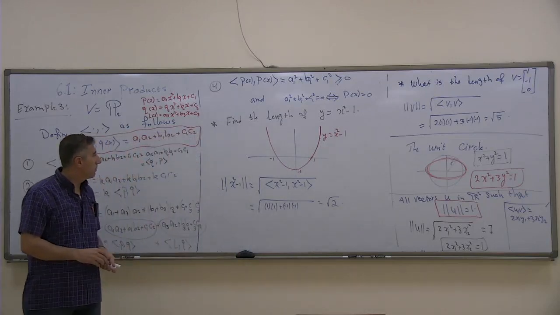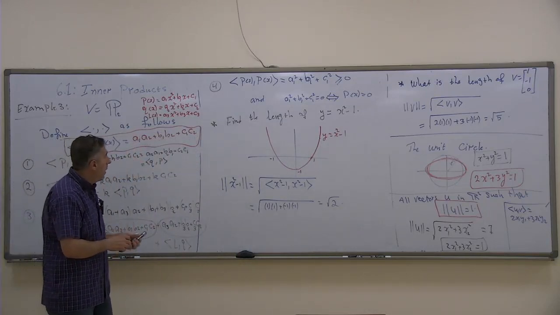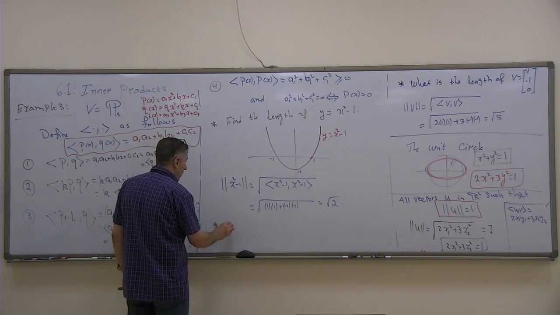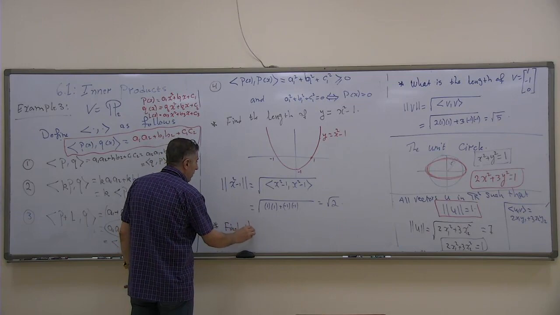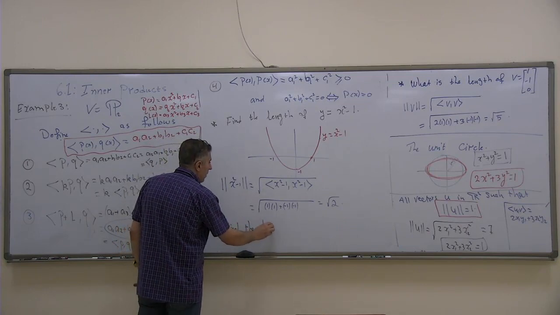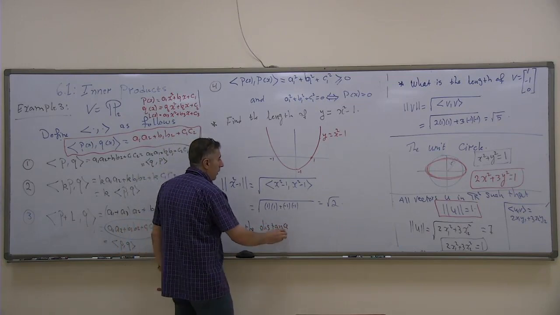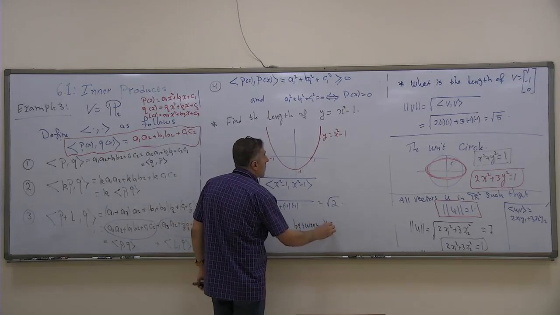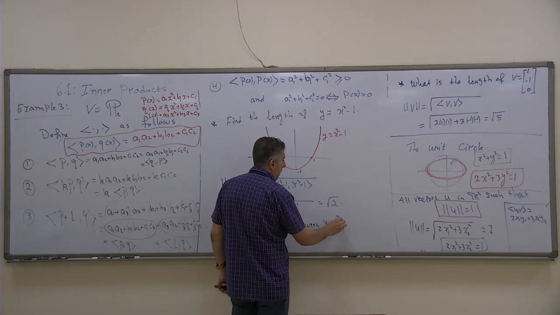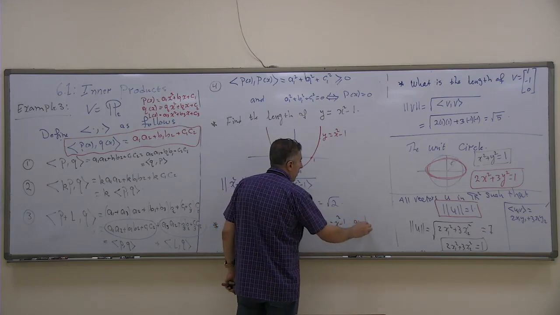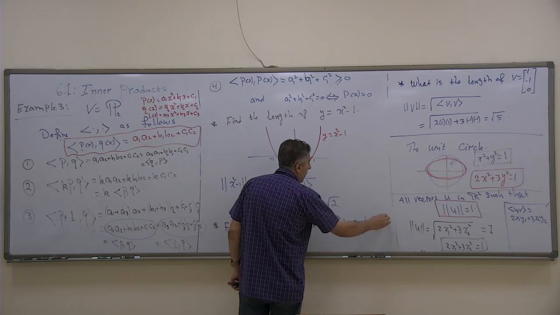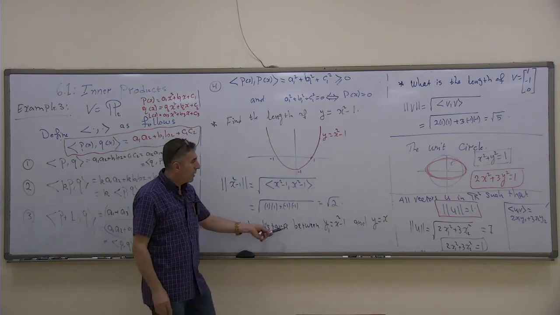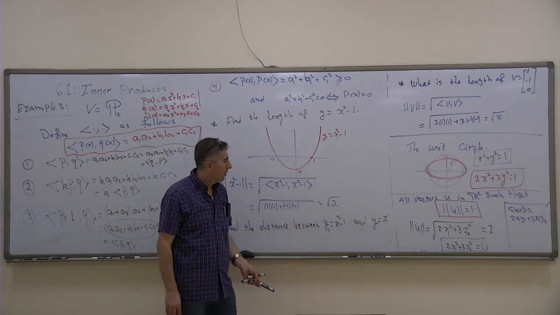Okay? All right. What about if I ask you this question? Find the distance between y1 equals x squared minus 1 and y2 equals x. What is the distance between those two polynomials?